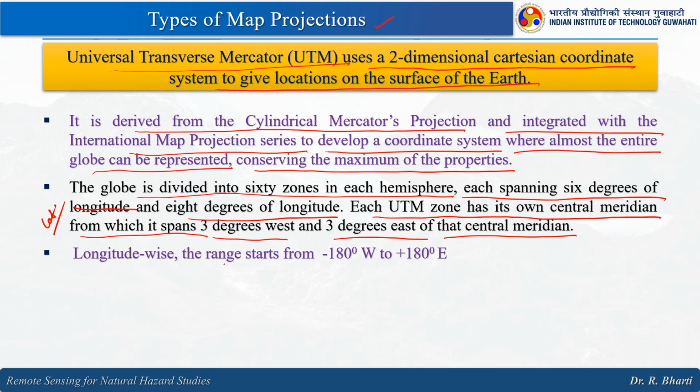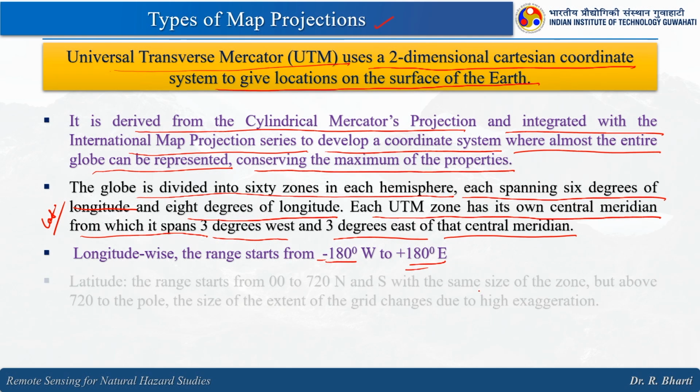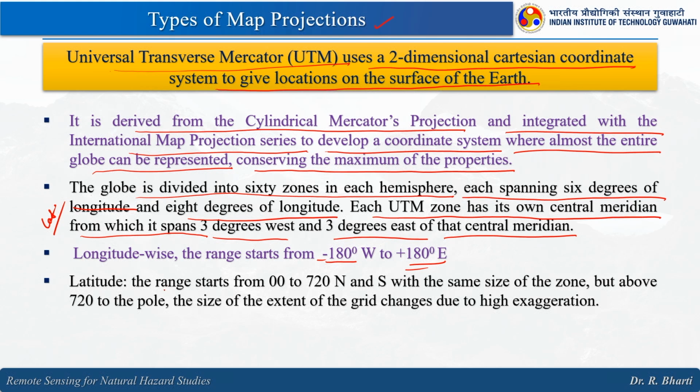Longitude wise, the range starts from 180 degrees west to 180 degrees east, so minus 180 to plus 180. Latitude, the range starts from 0 to 72 degrees north and south with the same size of the zone, but above 72 degrees to the pole the extent of the grid changes due to height exaggeration.